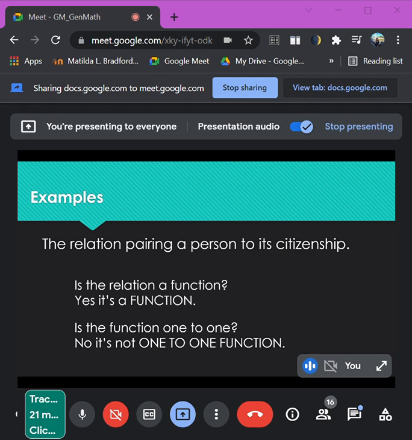So magdepende po ni siya sa imong ihatag nga given. Like for example, kato siya nga person kay pure Filipino ra day siya. Pero wala man, ang giingon naman nato diri, pairing a person to its citizenship. So there could be a possible nga pwedeng duha iyang citizenship. So this example here is not a one-to-one function.